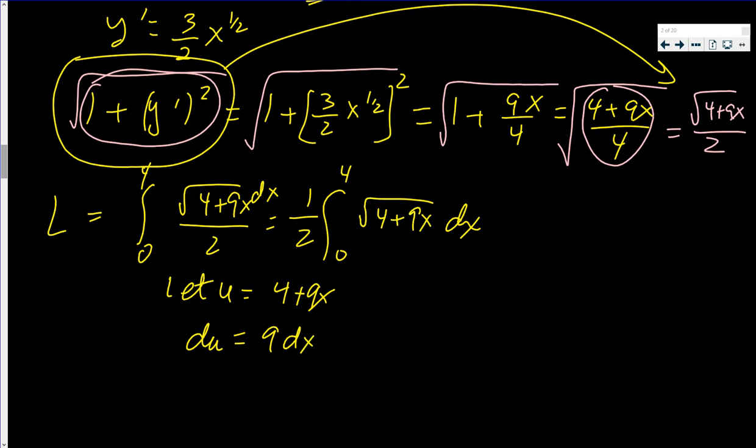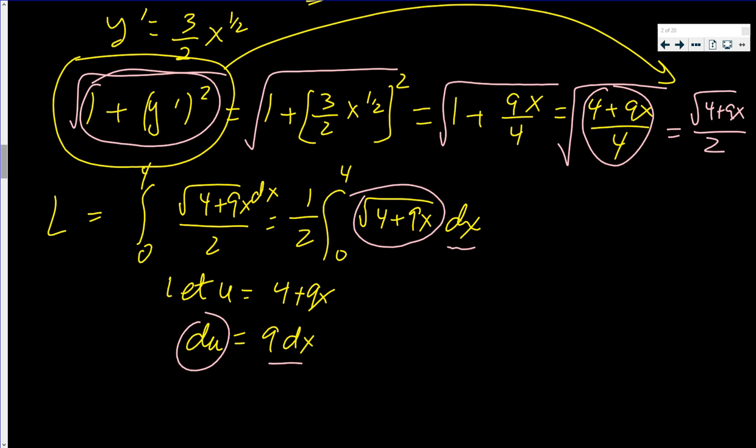Okay, so this here is going to become the square root of u. So I have that in the u world. But what about dx? Well, if I had 9dx, I know what to call it.